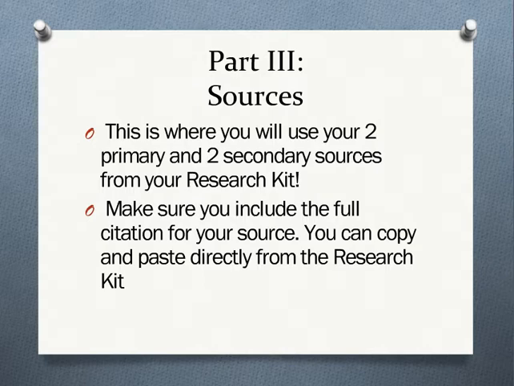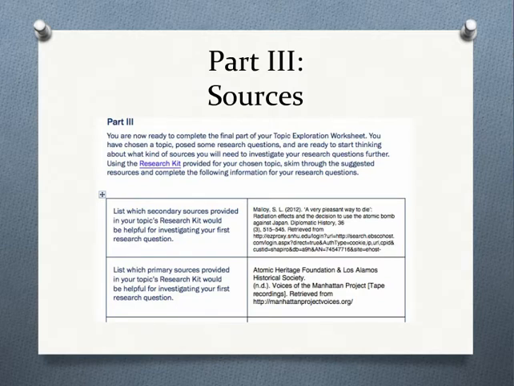Oh, that's okay. That's kind of fun. All right, so this is what it should look like. I did it. So part 3, you're now ready to complete the final part of your topic exploration worksheet. So look what I did. List which secondary sources provided will be helpful for investigating your first one. On this one I only did 1 in each.